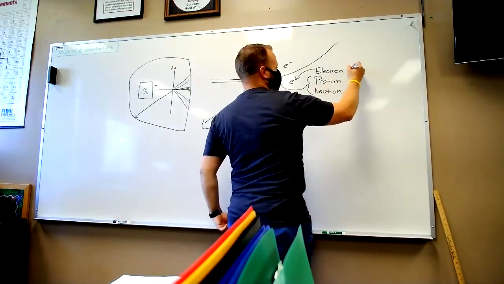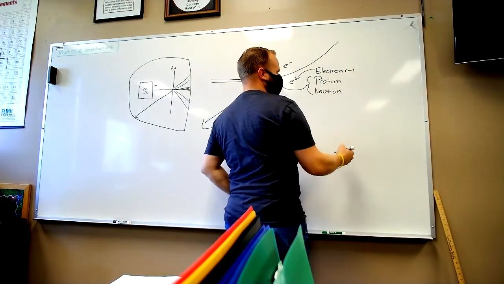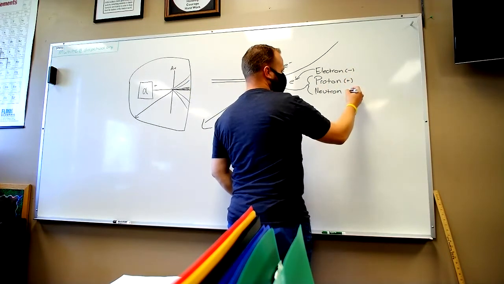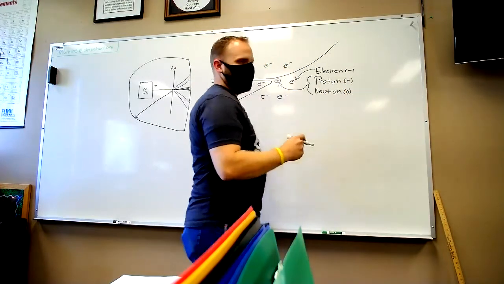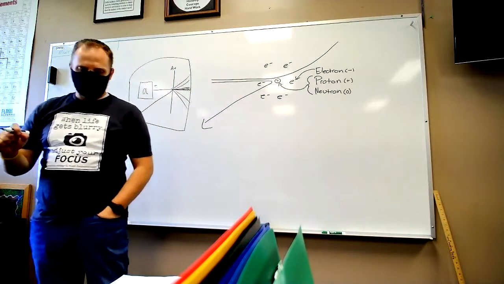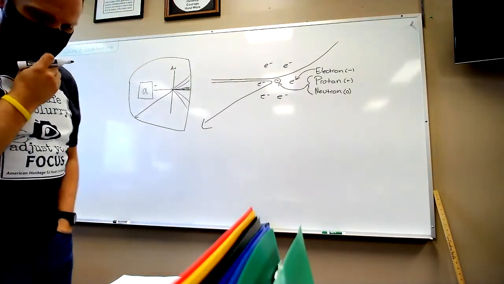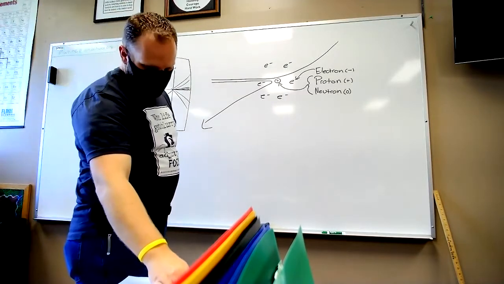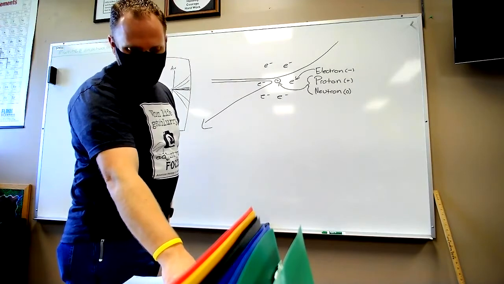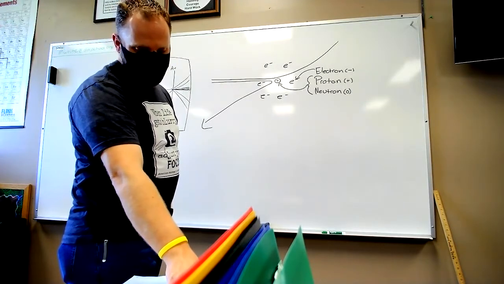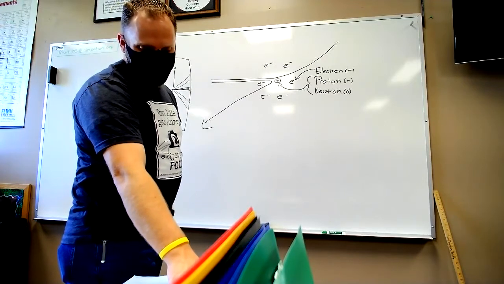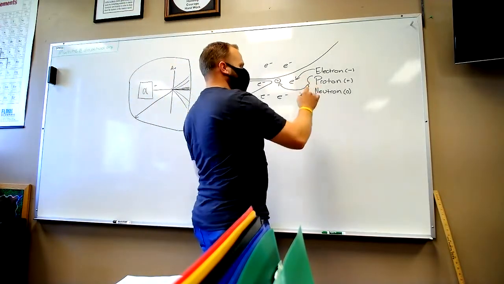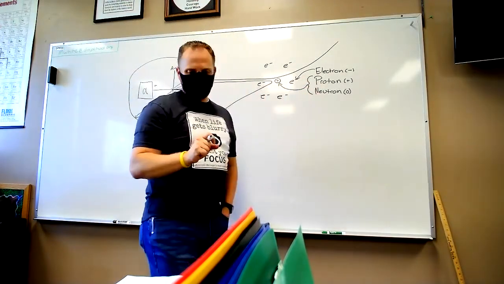Now, if you remember, the electron has a negative charge. The proton has a positive charge, and the neutron has no charge. There is a chart on page 114 that has some information about them, like their mass and things like that. You will notice the proton and the neutron are pretty much the same size.